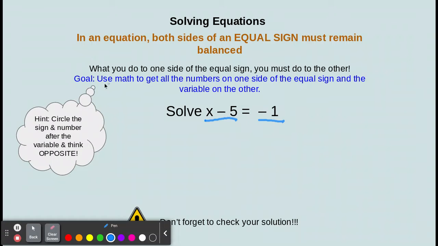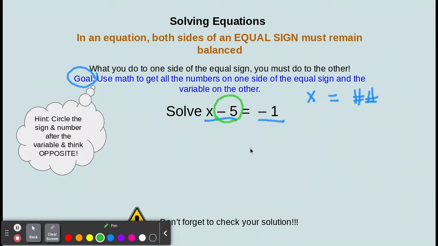And the other thing is our main goal when we solve equations is to get the variable on one side of the equal sign and all the numbers on the other side. So in order for us to do that, we need to get rid of this -5. As a reminder of what I want to get rid of, I circle it.